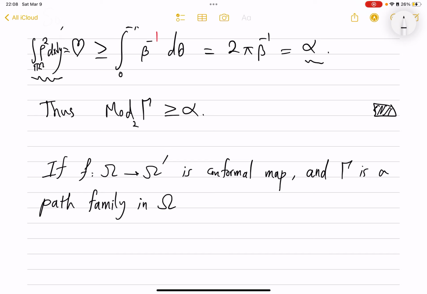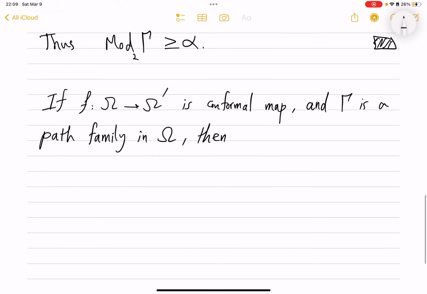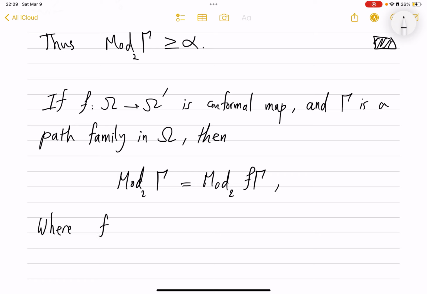I have previously also used curve family, they are to me interchangeable terminologies. Then modulus 2 of gamma is the same as modulus 2 of f gamma, where by f gamma we mean the collection of f composed with gamma, where gamma belongs to the family gamma.